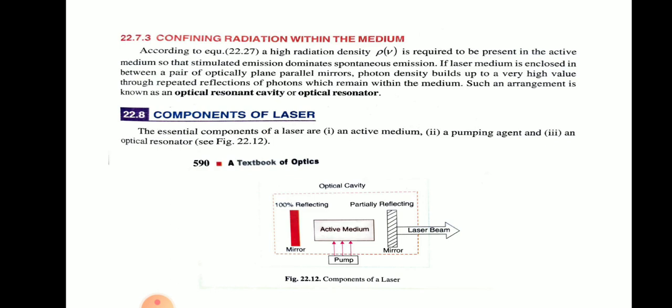On the right hand side, it is a partially reflecting mirror. So some of the photons will again reflect, and in this way, after a number of reflections, they produce more and more photons, and that creates a laser beam.